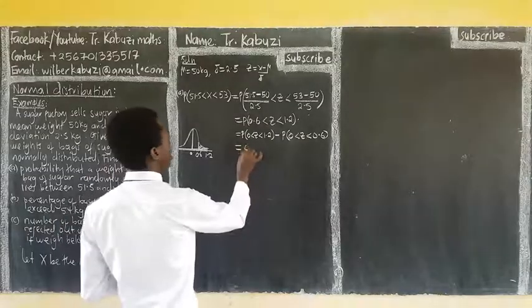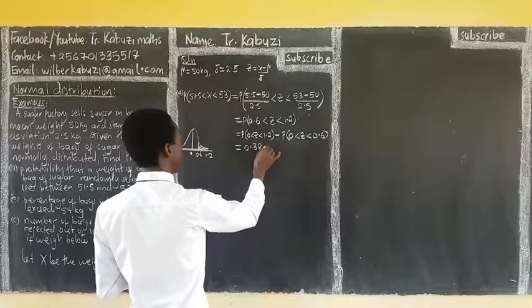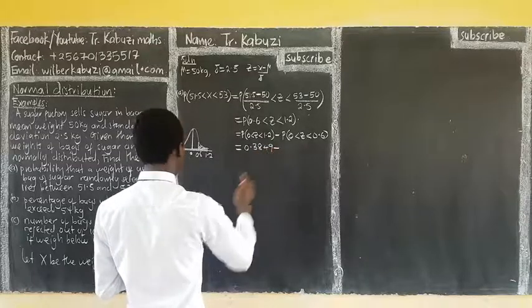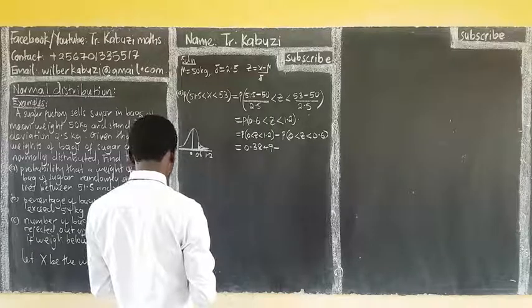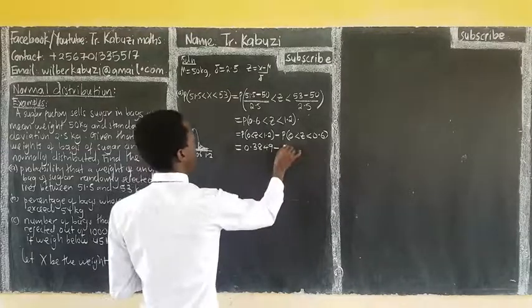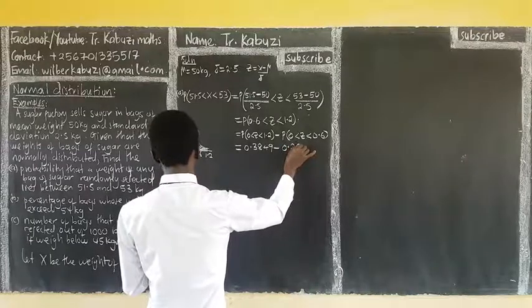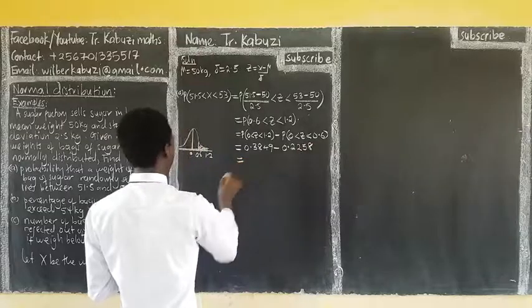So this will be 0.3849, then minus 0.2258, and then we subtract.